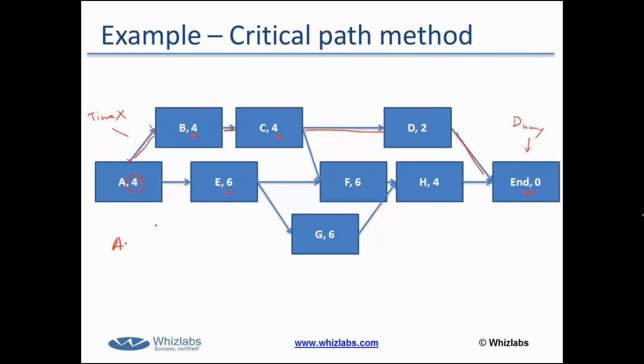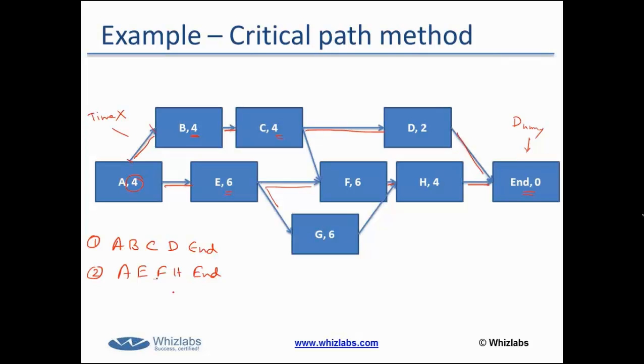So A, B, C, D, end is a path. That's path number 1. Then I have another path, A to E, E to F, F to H, and H to end. So A, E, F, H, end is another path.